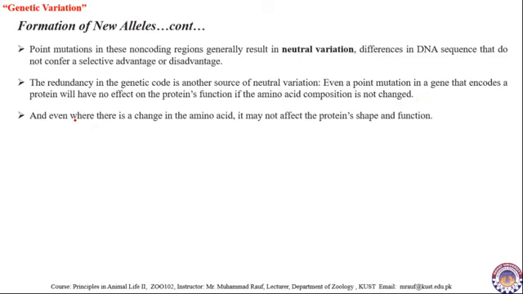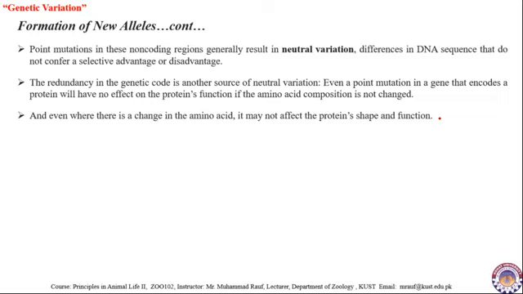And even where there is a change in amino acid, it may not affect the protein's shape and function. Sometimes even the amino acid is changed, but this change is not harmful because the amino acid which is changed also has the same chemical properties.